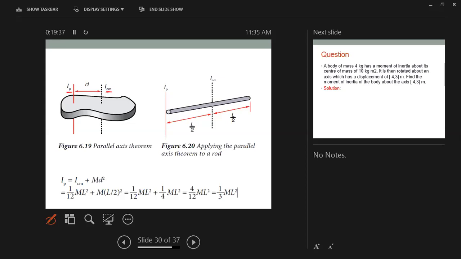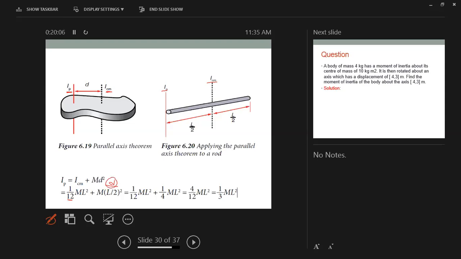Let's say we have a rod over here. I_P is the moment of inertia about the end of the body, and I_CM is the moment of inertia about the center of the body. So to calculate the moment of inertia for the rod, we are going to use this formula: 1 over 12 m L squared plus m d squared. Since we divide the rod into 2, the distance is L over 2, so this is going to be d.